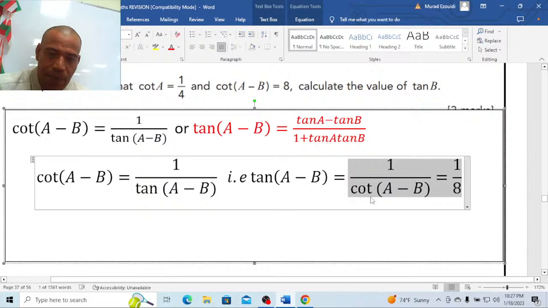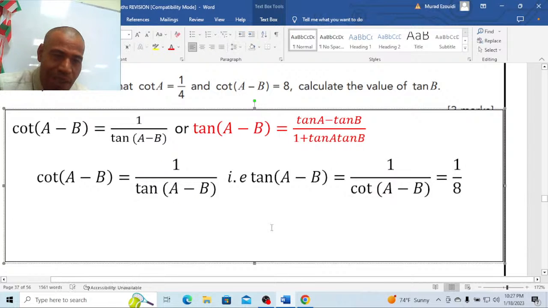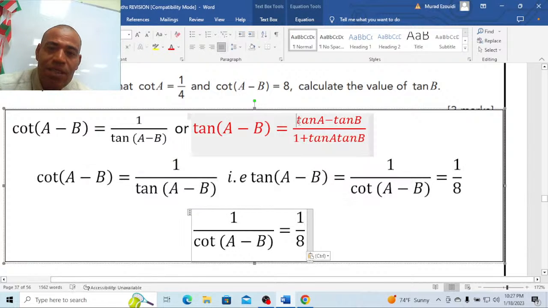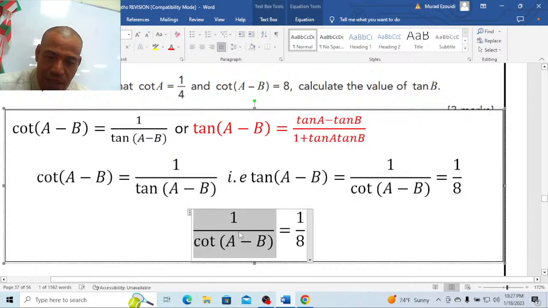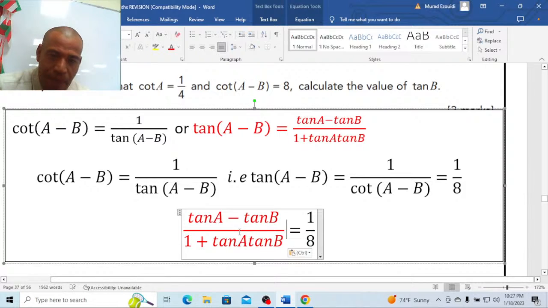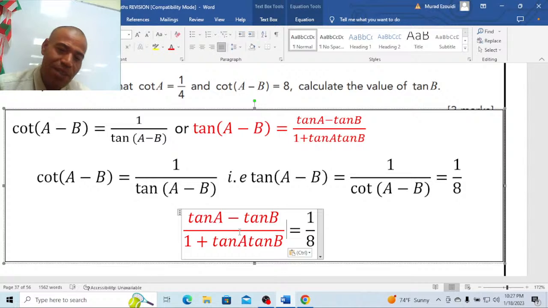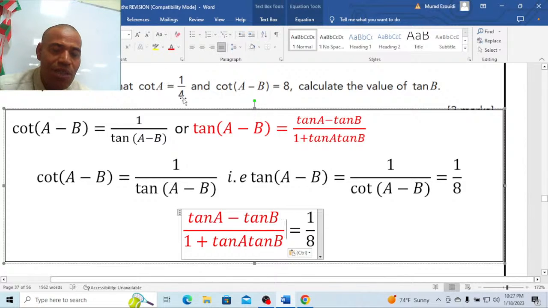Okay, copy. So I will say that tangent of A minus B, in fact, is tangent A minus tangent B over 1 plus tangent A tangent B. But what is cotangent of A, learners?